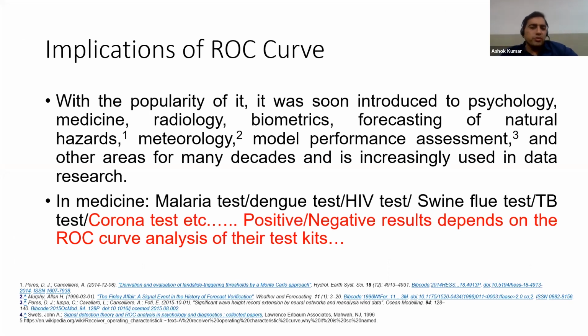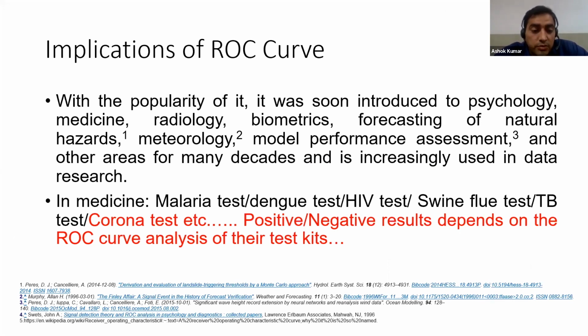With its popularity, it was soon introduced to psychology, medicine, radiology, biometrics, forecasting of natural hazards, meteorology, model performance assessment, and other areas. In medicine, for example malaria test, dengue test, HIV test, swine flu test, TB test, corona test, etc., their positivity and negativity results depend on the ROC curve analysis.